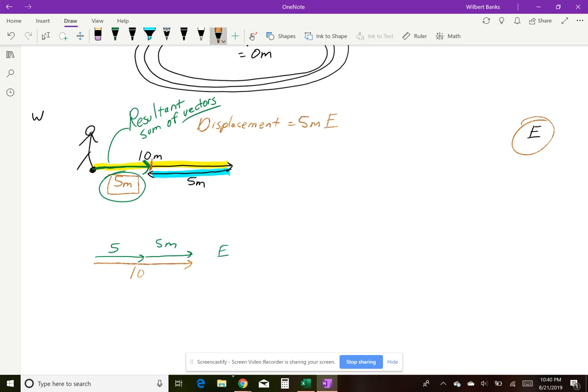And wouldn't that distance be 10 meters east? So the resultant of this case would be 10 meters east. So if the vectors are going in the same way, I simply add them. If they're going in opposite ways, like this situation over here, then I subtract the vectors. And that's a really easy concept.